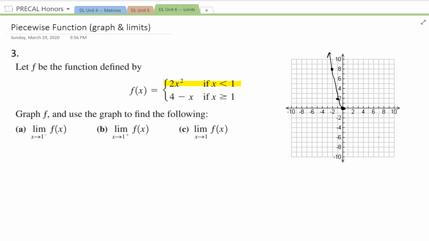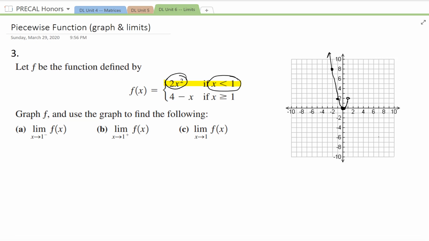Now, if I were to plug in 1, I would get 2. So the right-hand behavior of the parabola follows the left, because it's symmetrical, approaching 2. But we are not including x equals 1 for the 2x squared. This does not include 1. So we have to graph a little hole where that 1 would have gone.